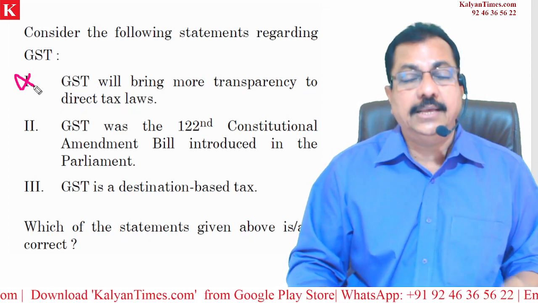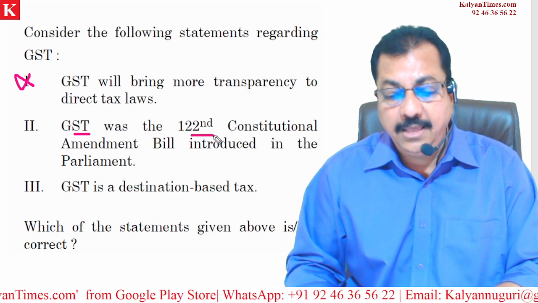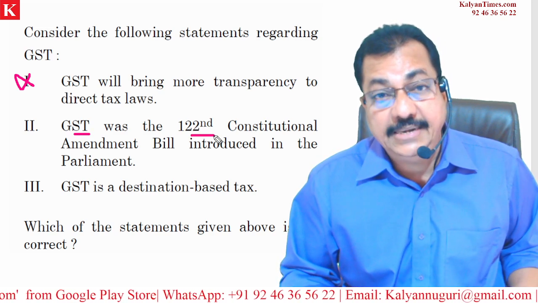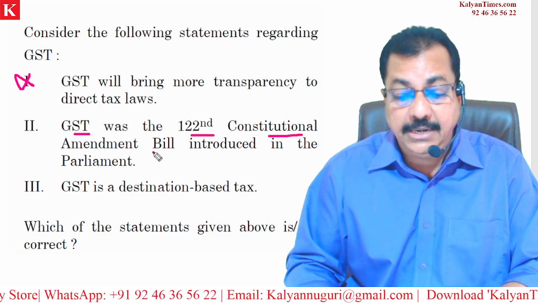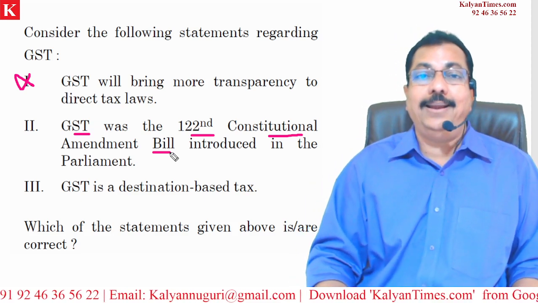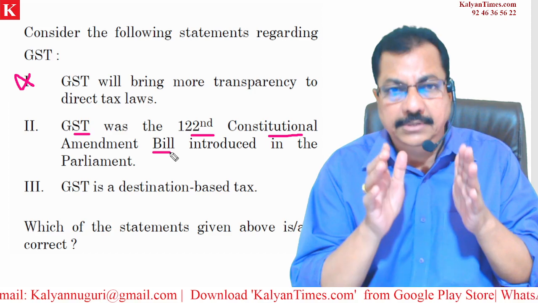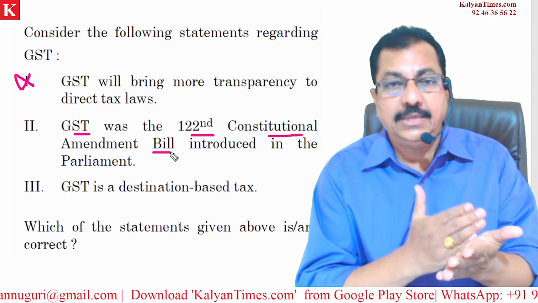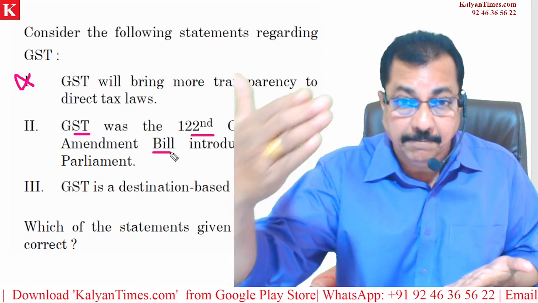Now let's look at statement number 2. GST was the 122nd Constitutional Amendment Bill. We know the difference between a bill and an act. During our discussion, we have discussed very clearly it was the 122nd Constitution Amendment Bill.